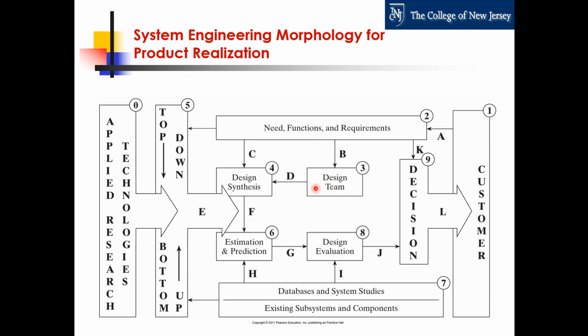The design team has a design, because part of knowing what your requirements are is that you know what your team needs to look like. So that team and the requirements go into this design synthesis function. Now here at the bottom is a system, subsystem, components, database of knowledge and things like that, which is tied to the bottom-up structure.